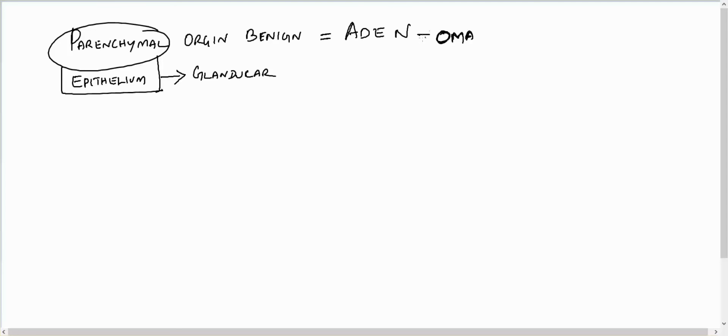So adenoma means glands. So oma means benign. It is forming glands and it is from the epithelium. It is called adenoma.